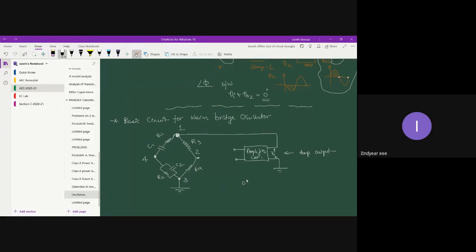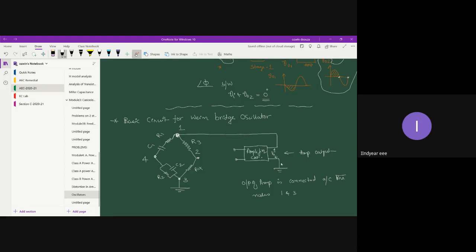So let me write, output of amp is connected across the node 1 and 3. So 1 is here, 3 is ground, right? This ground and this ground are going to be the same.